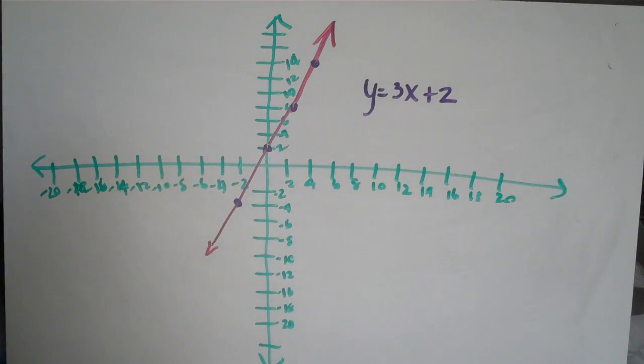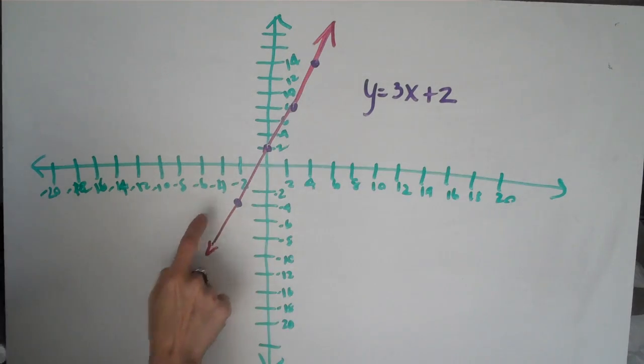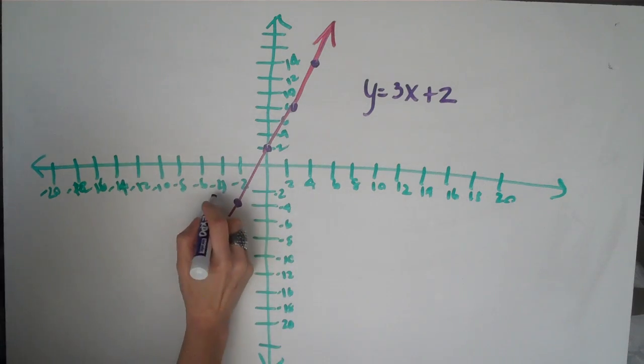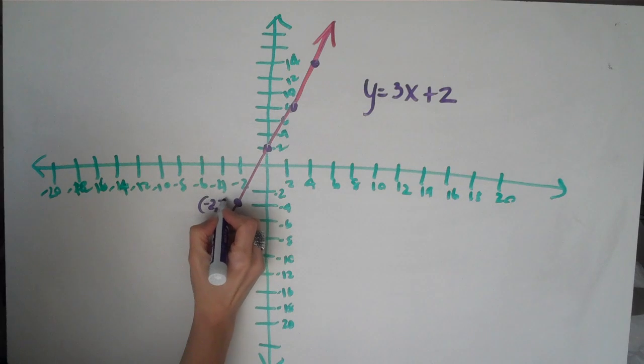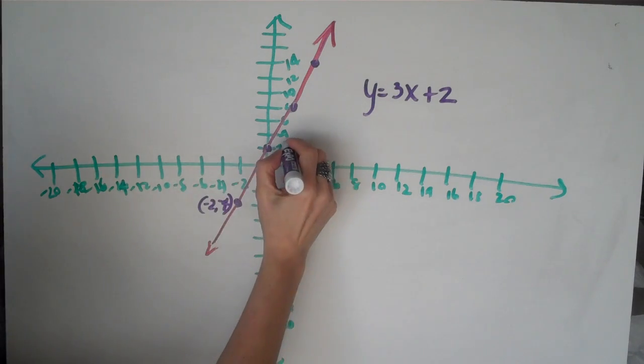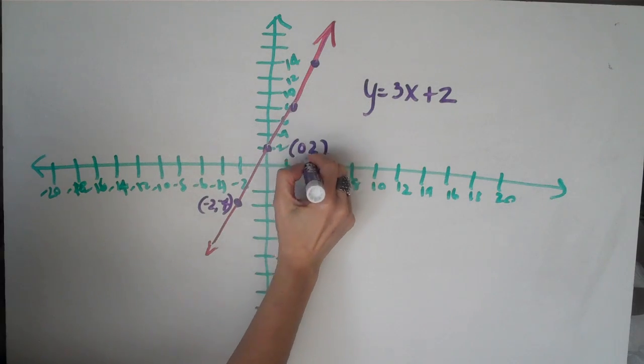And basically I've done that here. The equation y equals 3x plus 2, I have the first coordinate -2 and -4, which is right over here. And then the next one is 0, 2, which was over here.